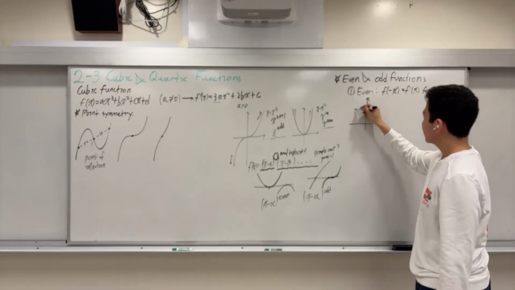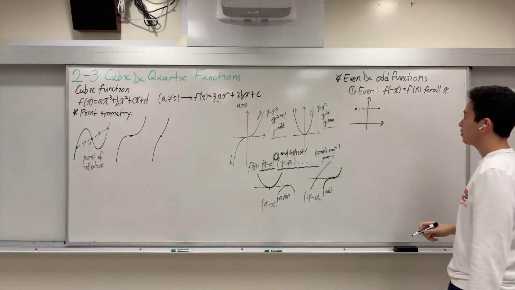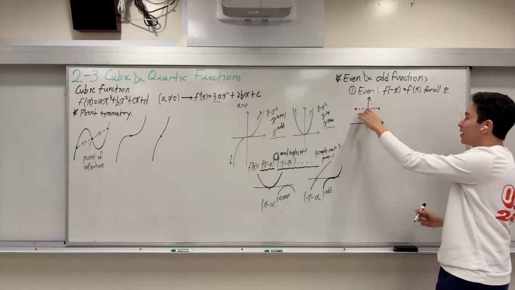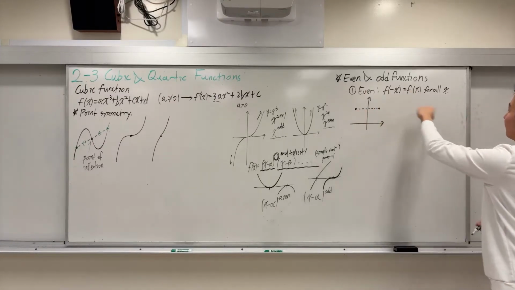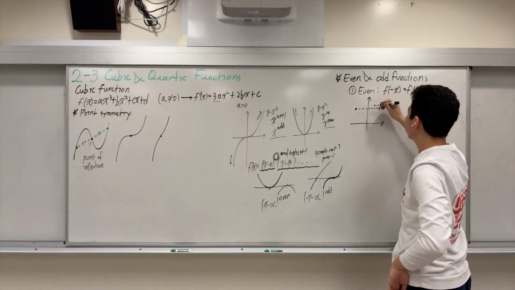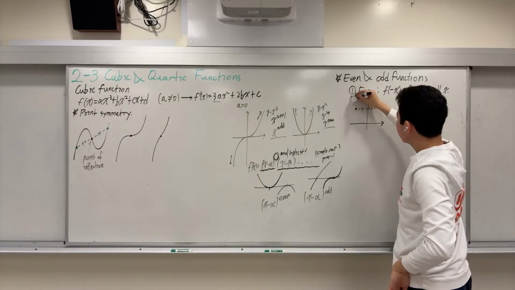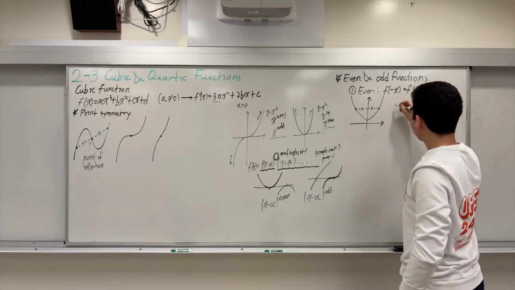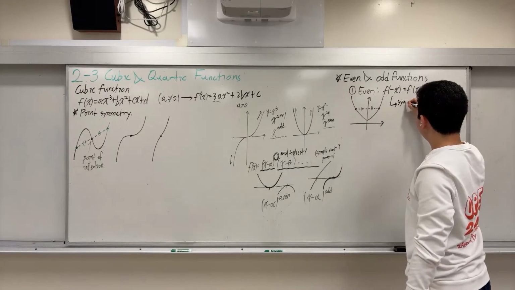So we go right across the y-axis and put another point here. In the end, every point that we have on the function must be symmetric about the y-axis because the function values have to be the same, right? So that means any function that is symmetric about the y-axis is an even function.